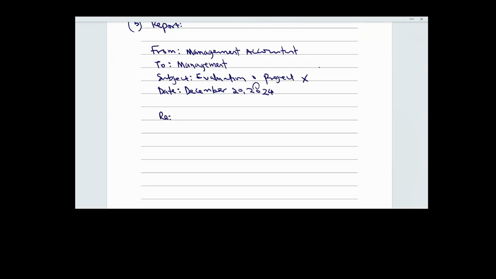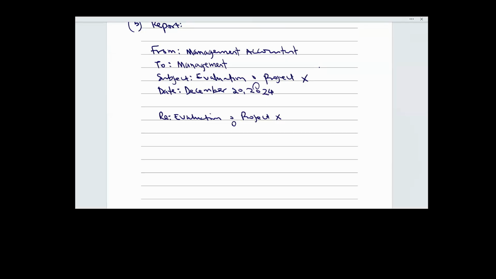You want to reference the initial discussion. Re: evaluation of project X. Now, when you're writing your report, you can either use slant format or block format.